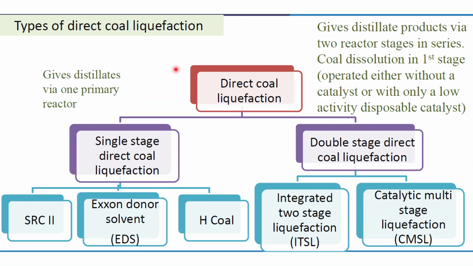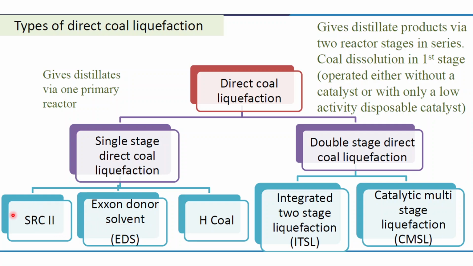So different types of direct coal liquefaction include various techniques. The two main techniques are single stage direct coal liquefaction and double stage direct liquefaction. Single stage gives distillate in one primary reactor, only one reactor is involved, while in the double stage two reactors are involved, so the hydrogenation takes place in two steps. The first ones are SRC2 and Exxon donor.